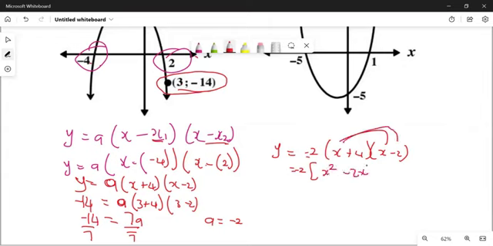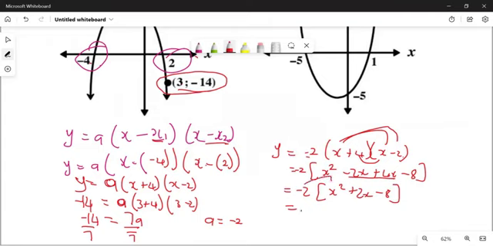Minus 2x plus 4x. Then -2 times 4 is -8. So from here you have -2 open bracket x squared plus 2x minus 8. These two are like terms, giving plus 2x.